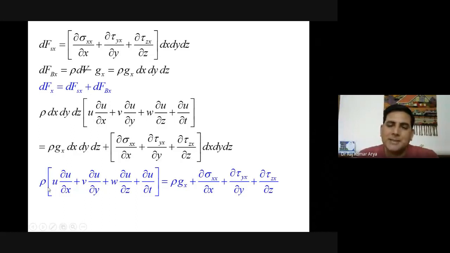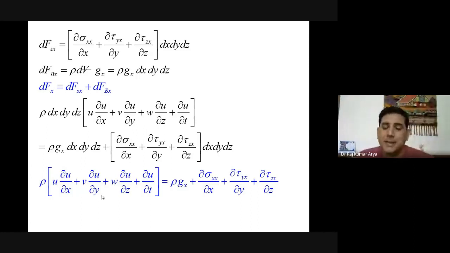You would end up with this equation: rho times u del u upon del x, v del u upon del y, w del u upon del z, and del u upon del t would be equal to rho gx plus del sigma xx upon del x, del tau yx upon del y, del tau zx upon del z. So this would be your x component of the momentum balance.